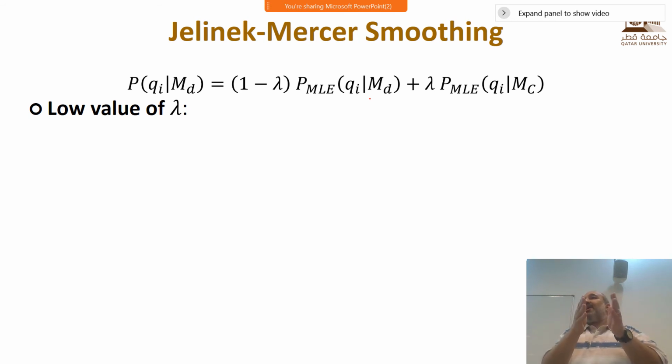That means that if a word is unseen, it's almost getting 0, right? That means that the documents that will get a non-zero score are the documents that have all the words. Very good. Or at least most of the words. Yes. So that will be like ANDing. Okay.